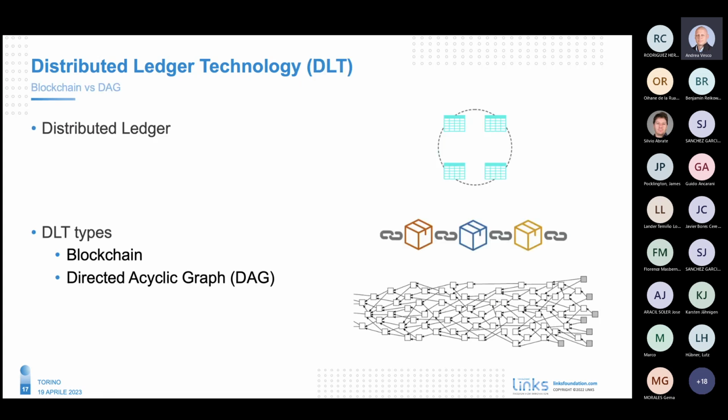But just to be on the same page, all of them are distributed ledger technology, so you can refer with the name DLT to both, but then blockchain or DAG or Tangle, so the kind of data structure that you use to implement the ledger, defines the kind of DLT. This is why when we talk about self-sovereign identity, we don't refer to blockchain, but to the DLT in general, because you can select the one that you prefer to implement the first layer of the overall SSI framework.